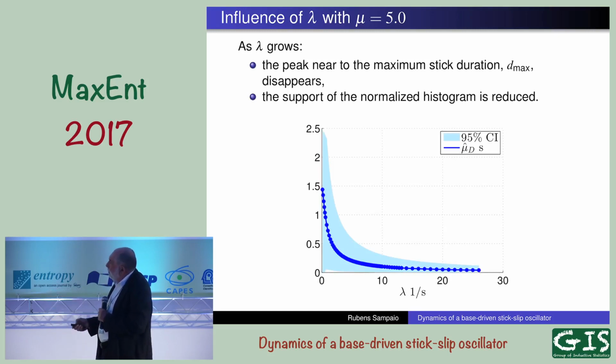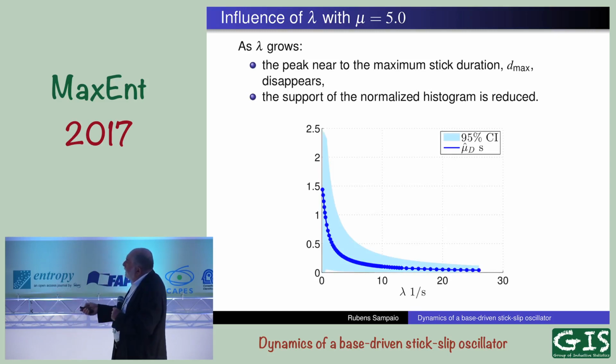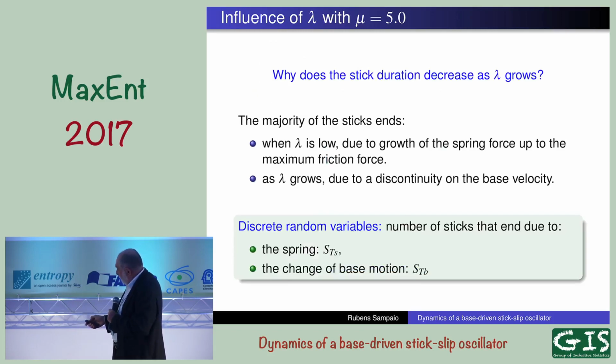And what I'm showing you here is how the average duration varies when I vary lambda. So the duration is diminishing as I increase lambda. And this thing here is the 95% envelope.